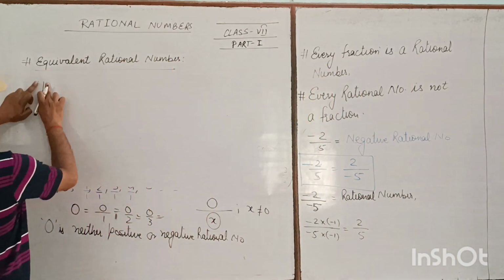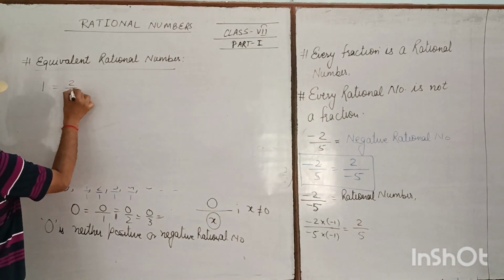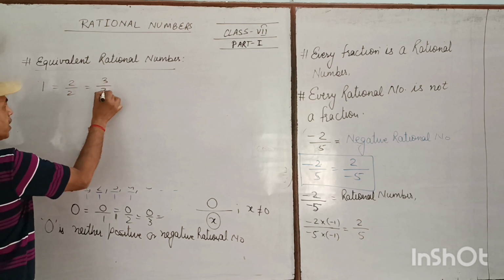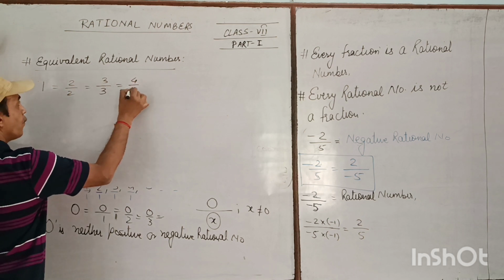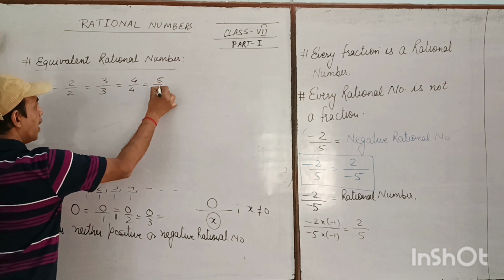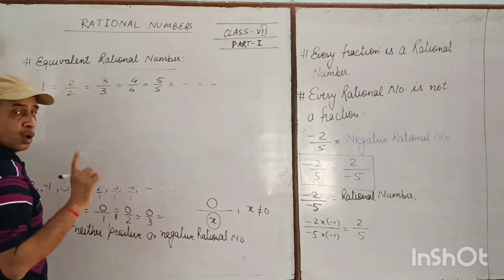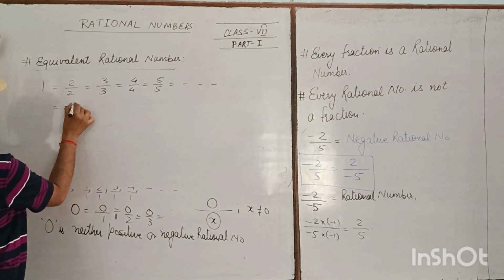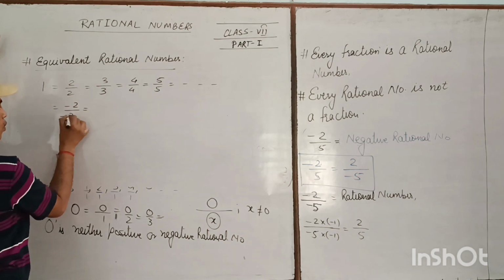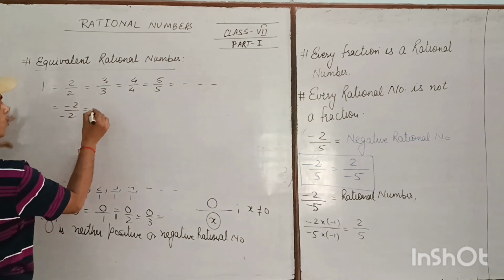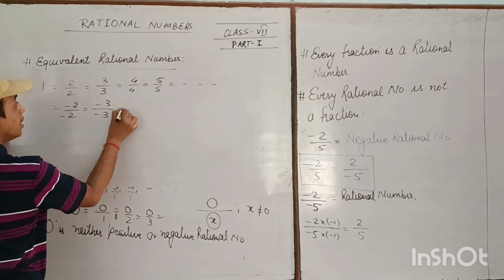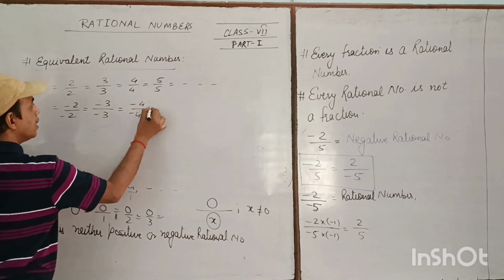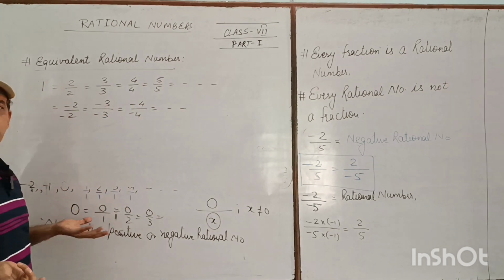This 1 can be written as 2 upon 2, 3 upon 3, 4 upon 4, 5 upon 5, and so on. Also we can write 1 as minus 2 upon 2, minus 2 upon minus 2, minus 3 upon minus 3, minus 4 upon minus 4. This will also be equal to 1.